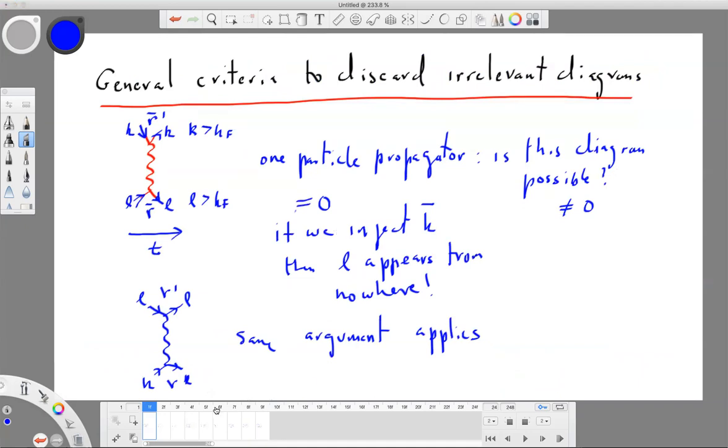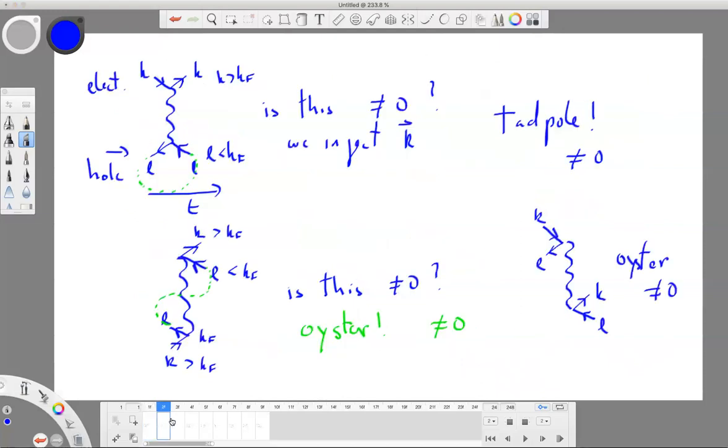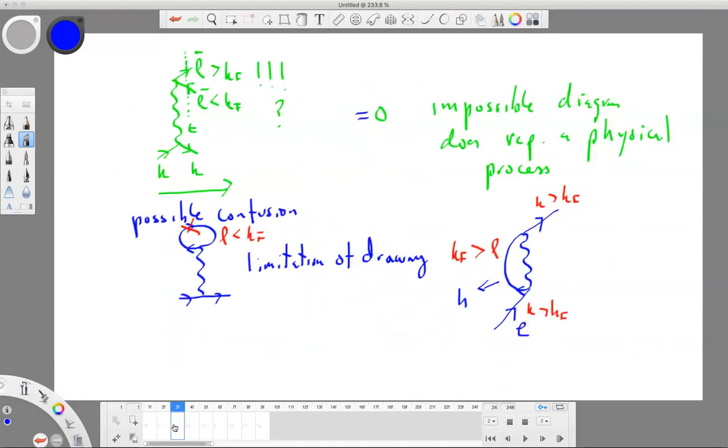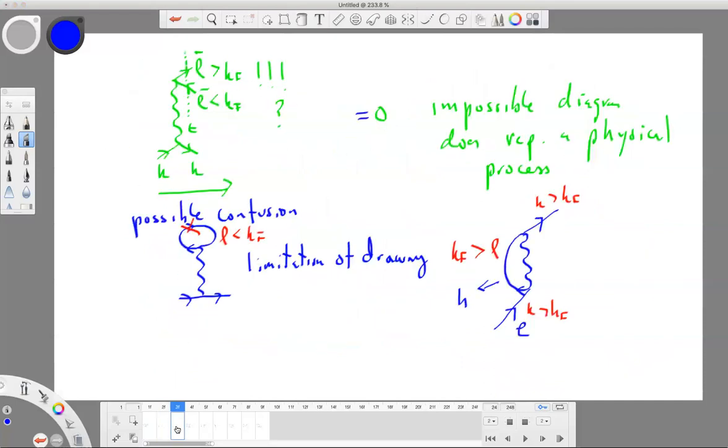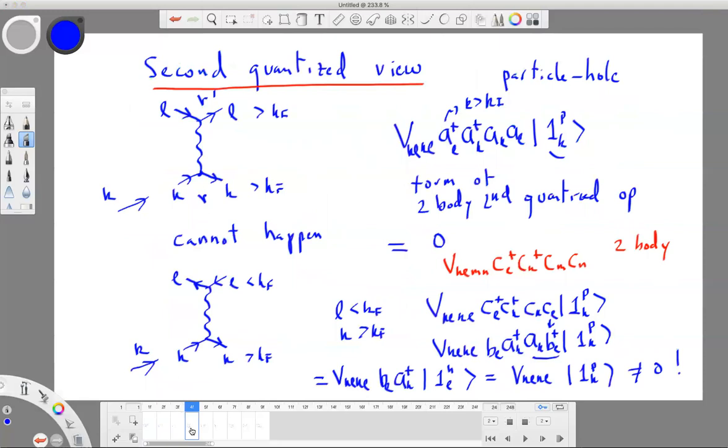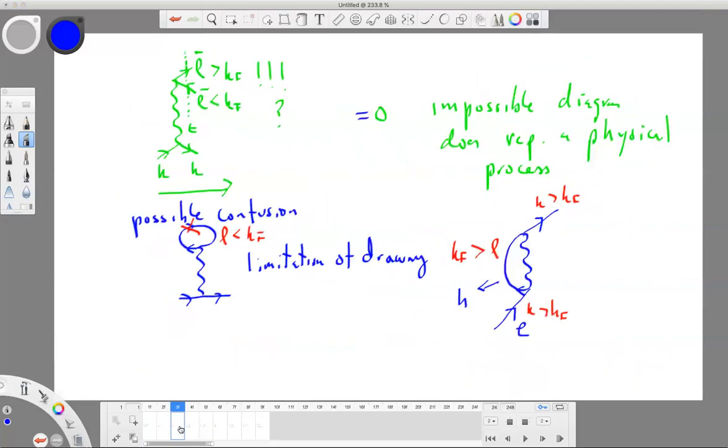What else? So this is also 0. Okay, this one is different from 0. That's a tadpole, and that is the oyster. So this is different from 0, and this is 0. Okay, that's I think the only mistakes that were left. Any other mistakes? No, it was the only one. Okay, good.